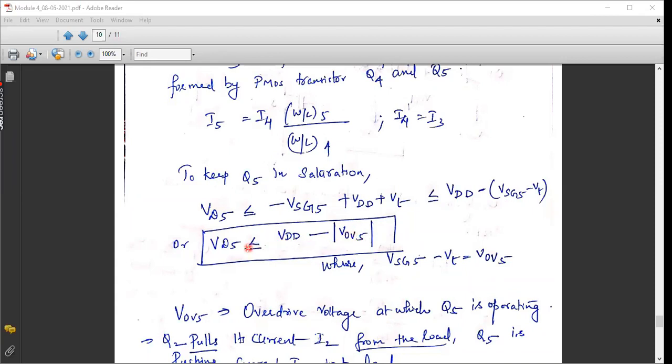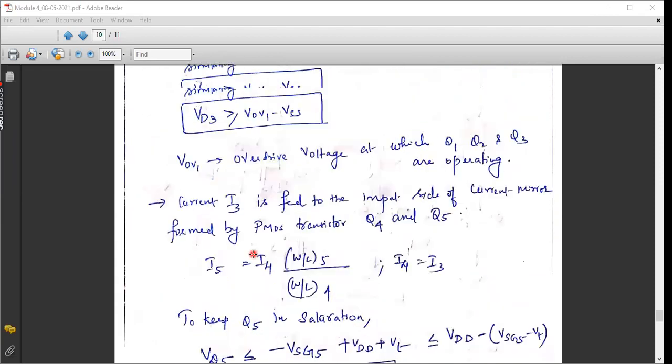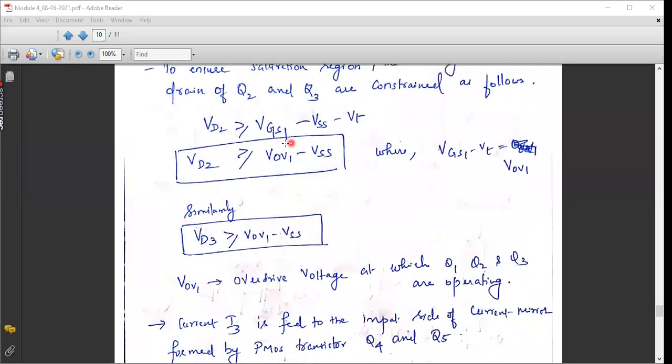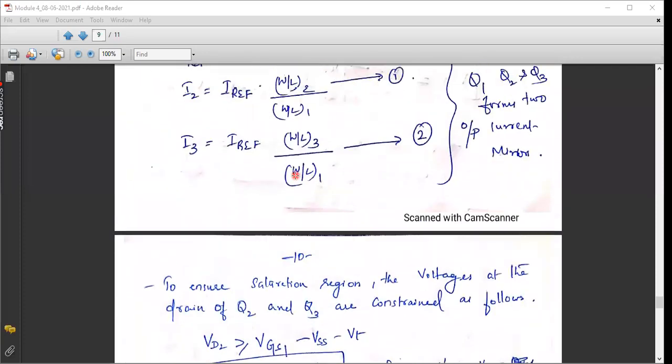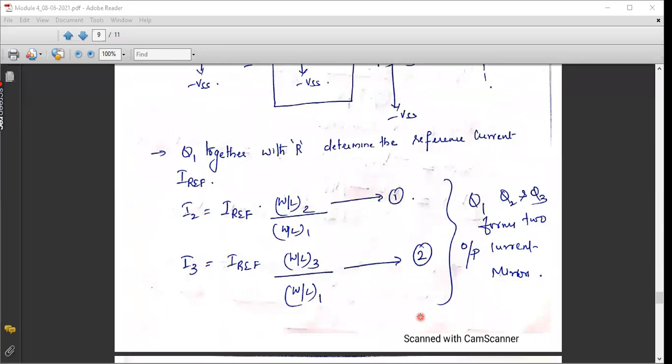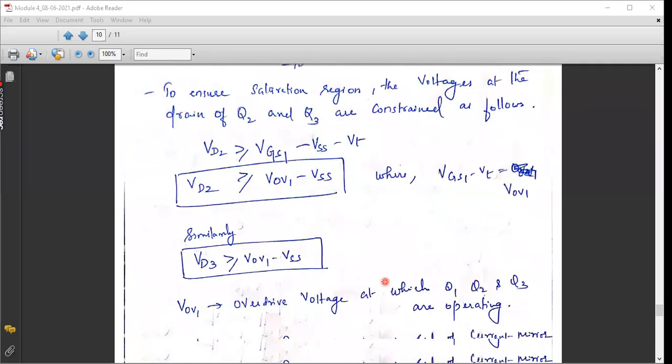So the condition is VD5 less than or equal to VDD minus the modulus of VOV5, the overdrive voltage of Q5. If you can maintain this condition, then Q5 will be in saturation. And if you can maintain the corresponding condition, Q3 will be in saturation, and similarly Q2 will be in saturation. Then accordingly, I can steer appropriate currents I2, I3, and I5 from I reference. Therefore, this current steering circuit will work properly without any problem.